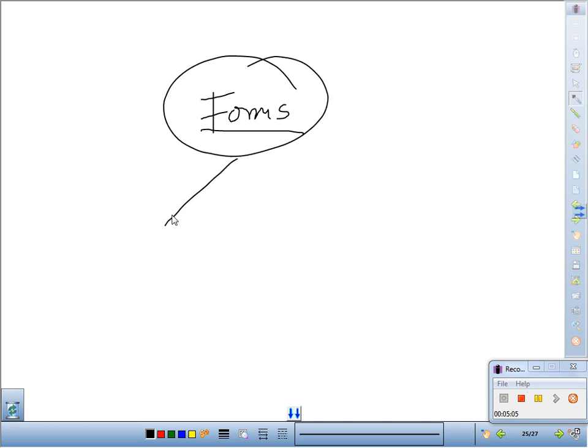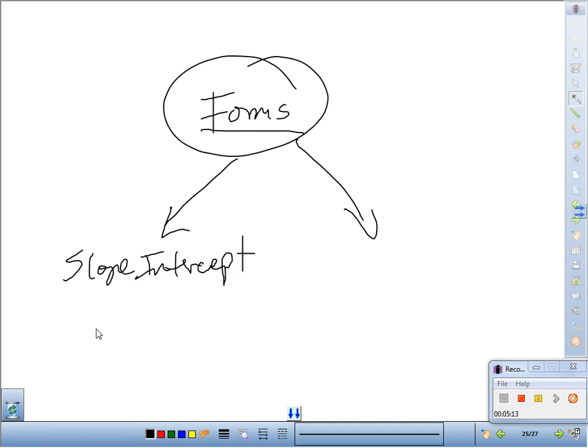Really quick, recap. Look up: forms. Slope-intercept. Everyone, when we hear slope-intercept form, what do we write? Y equals mx plus b. What is the only other form that we've talked about?